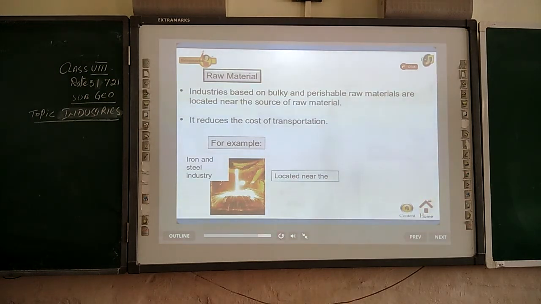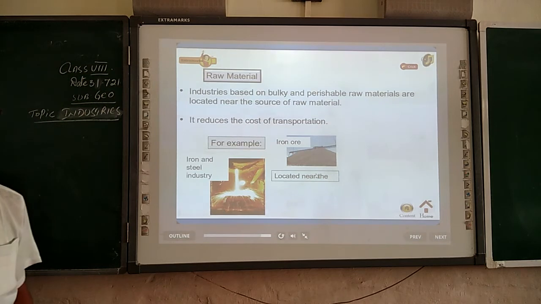It reduces the cost of transportation. For example, the iron and steel industry is located near the site of iron ore. Therefore, these materials can easily be transported.